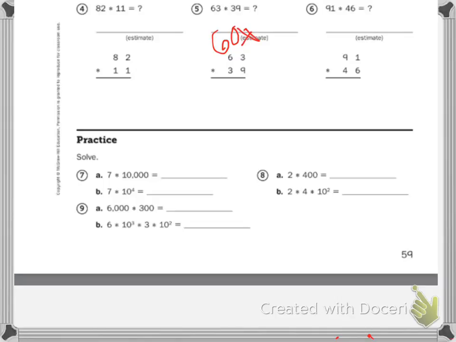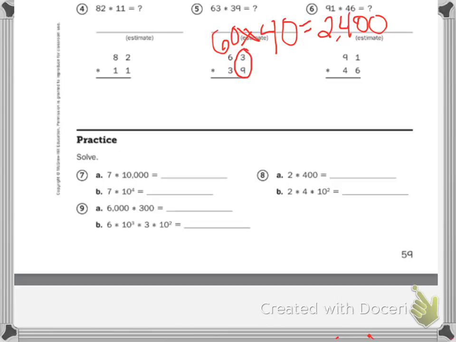I'm going to round that up to 40. Which equals 24 and 2 zeros, so 2,400. Mr. Board's writing too big, but the 2,400 is your estimate for 5. So now I have to go through, because it's greater than 1,000.